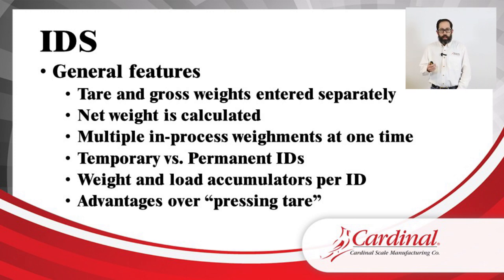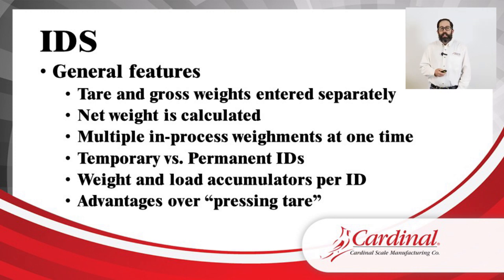We would press the tare button, and then that truck would leave and then come back and weigh later, which worked fine for the process. However, the disadvantage was the other truck couldn't start weighing yet until the first truck was completed. So there were times where it would have been handy to have both trucks with their first pass weights completed. But that's one of the things that is a definite benefit of ID storage.